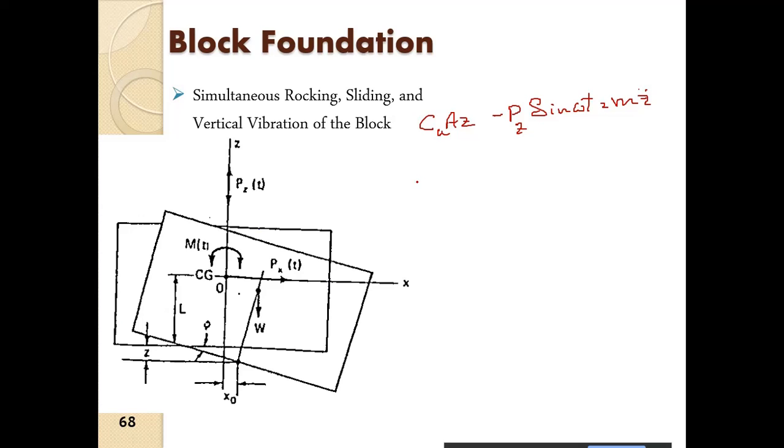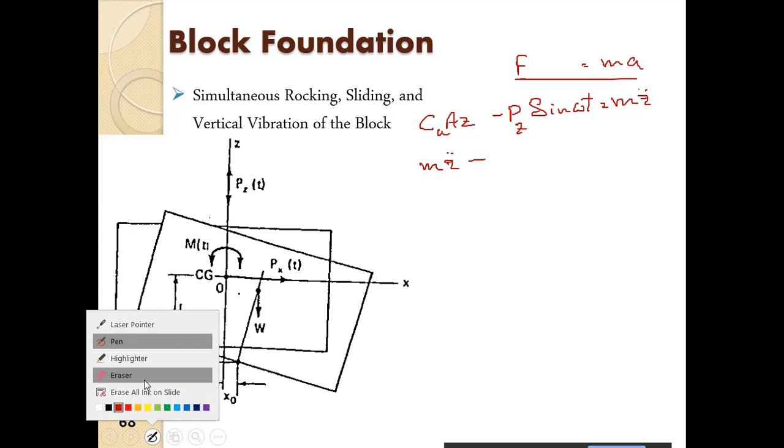So this is F equal to ma, so we can say m z double dot, mass into acceleration. Yeah, let it remain like that. Okay, so one equation we have.